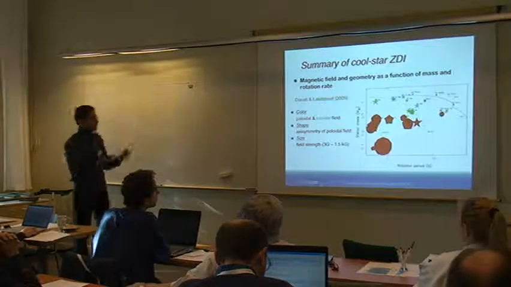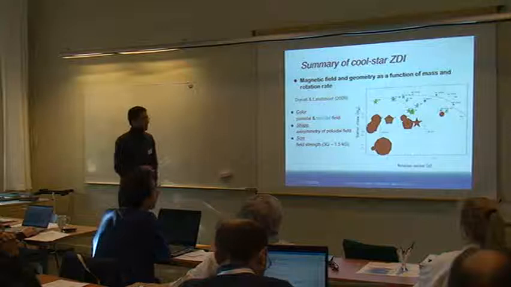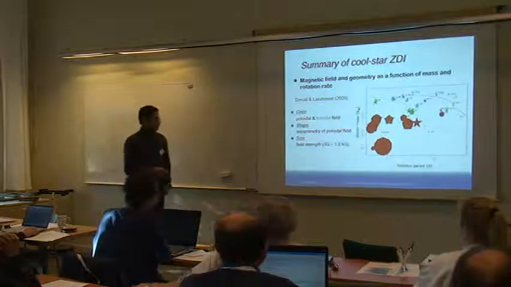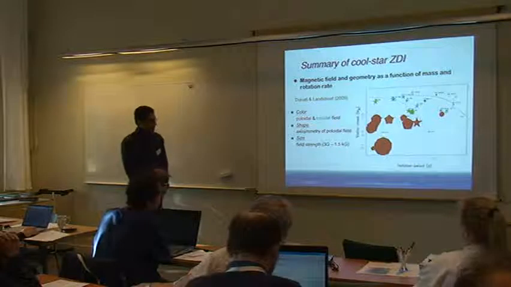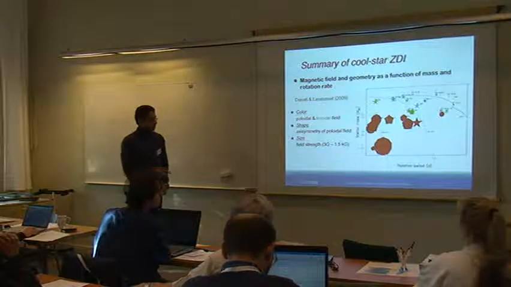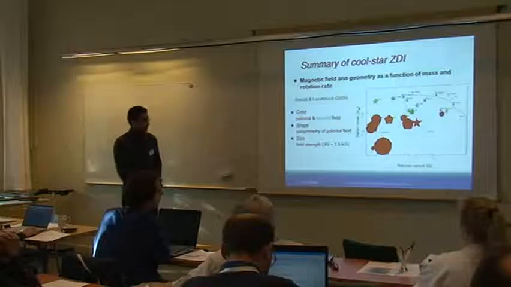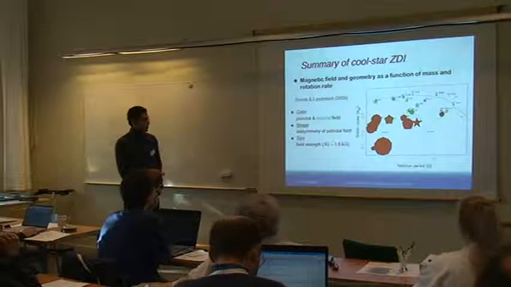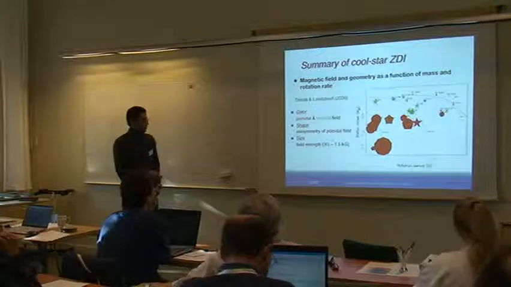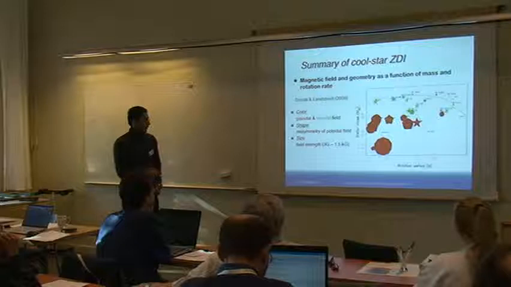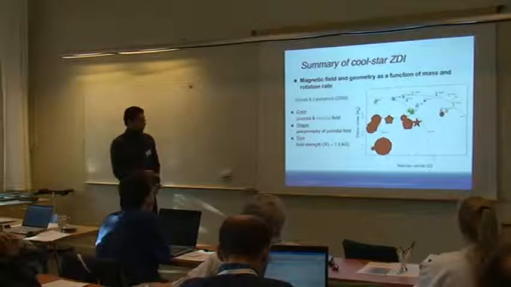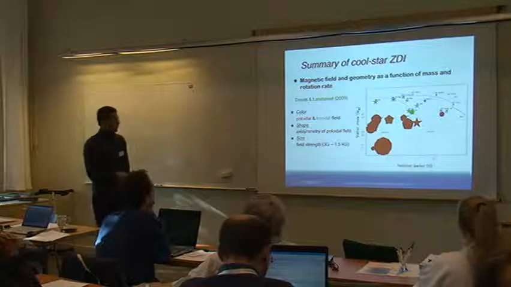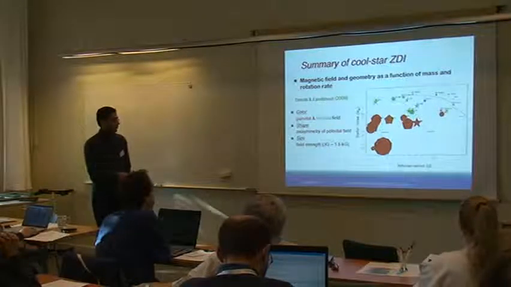This is summarized here in this complicated diagram taken from an upcoming review by Martin Ventura. Basically this shows the structure and strength of the field as a function of stellar mass and rotation period. The toroidal fields are shown with green and blue symbols, poloidal fields with red symbols. The shape corresponds to the symmetry of the poloidal component and the size corresponds to field strength, going from 3 gauss here to 1.5 kilogauss here.